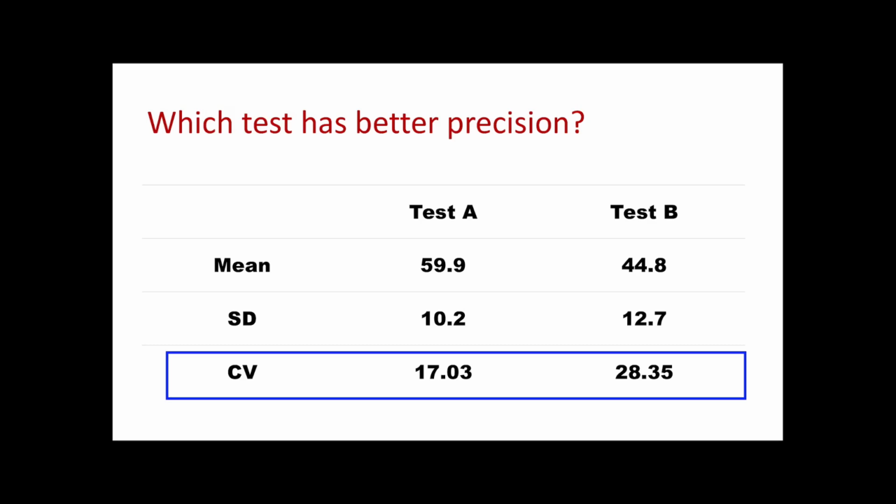Between the two tests, which do you think has better precision? Since your CV reflects your precision, the lower the CV, the better the precision of an assay. So this means that test A has better precision, with lower variability of values as compared to test B.